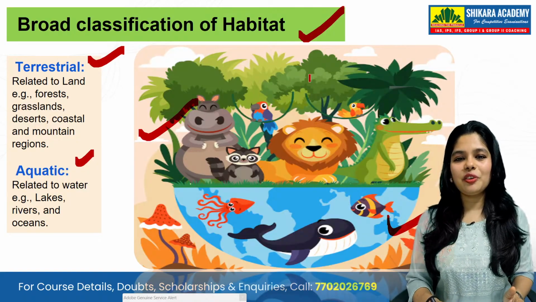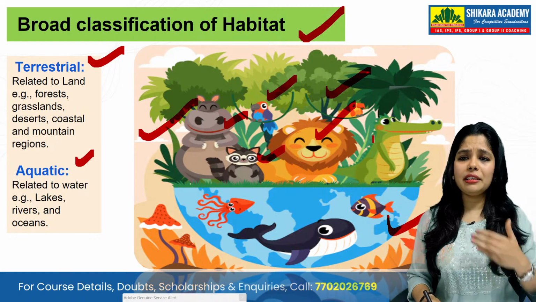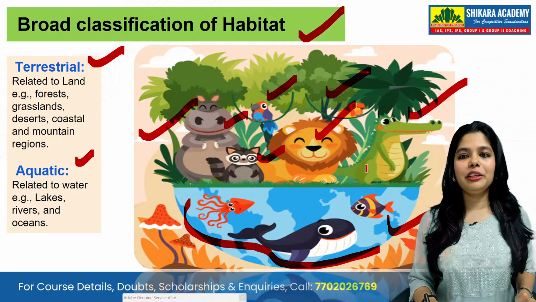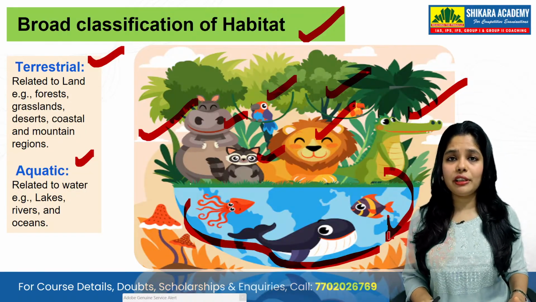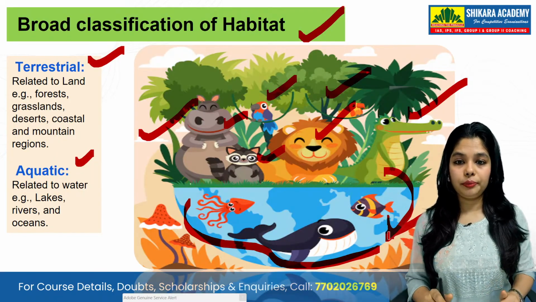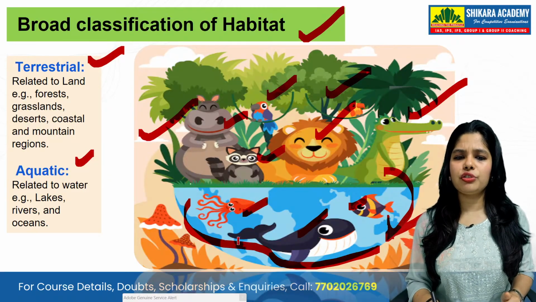And in terrestrial you will have birds, trees, lions, hippos, tigers, and crocodiles. In the marine you will have crocodiles actually, but crocodiles will be coming to the terrestrial region as well. They can survive both on land and in water. So you will have whales, jellyfish, fish, all these things.